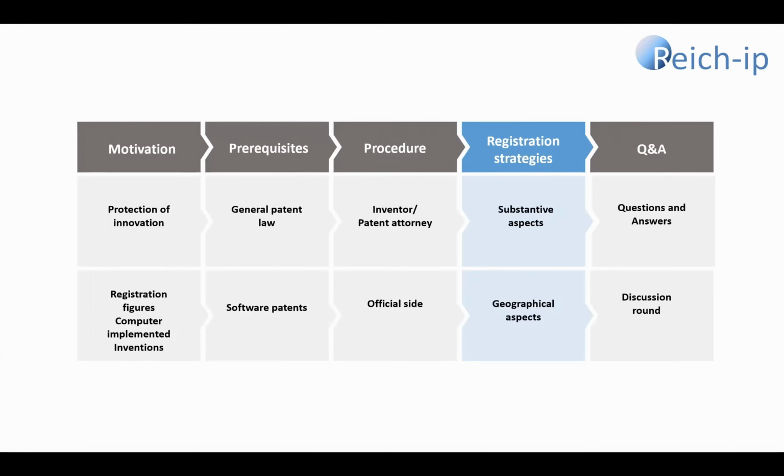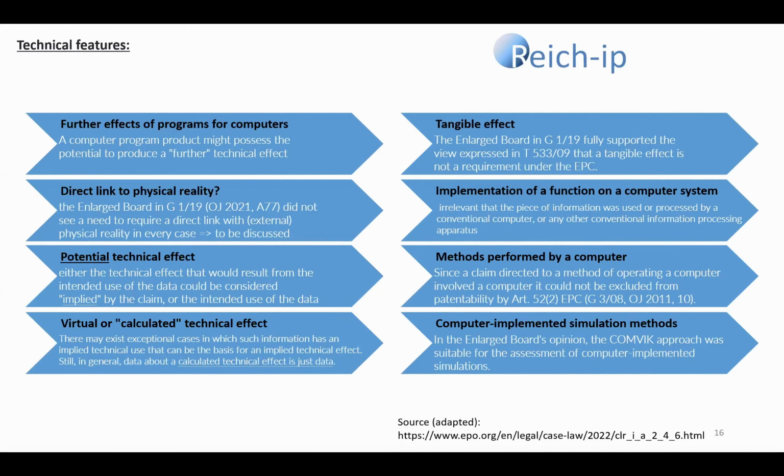Of course, AI patents are software patents, and the whole case law regarding software patents can also be applied on AI patents. So what are the requirements for really providing a technical teaching, meaning provide technical features which can be used for the COMVIK approach?